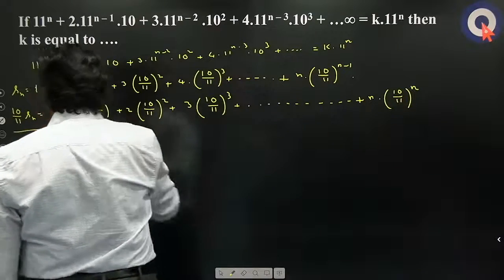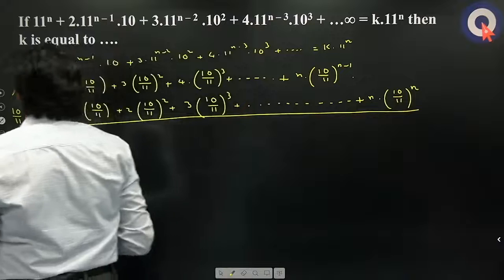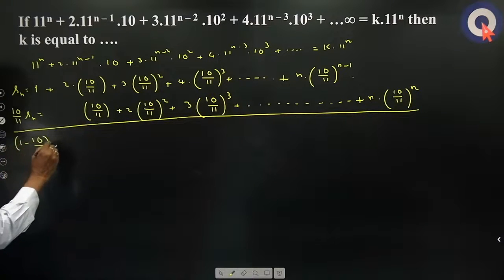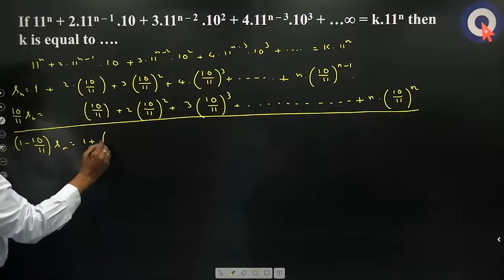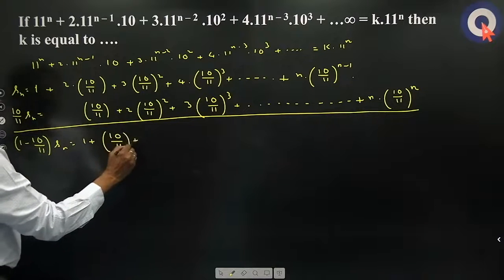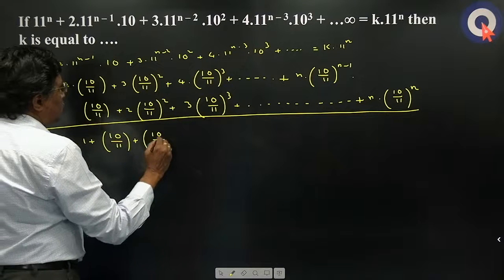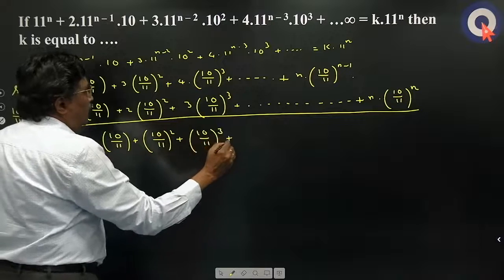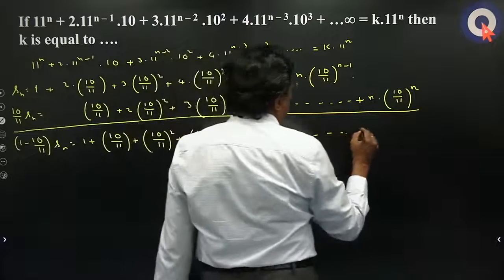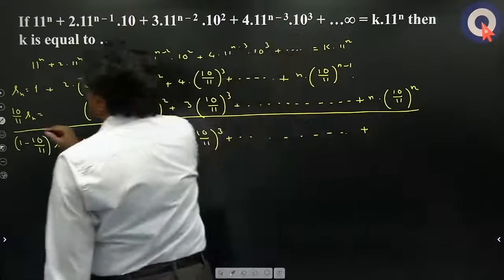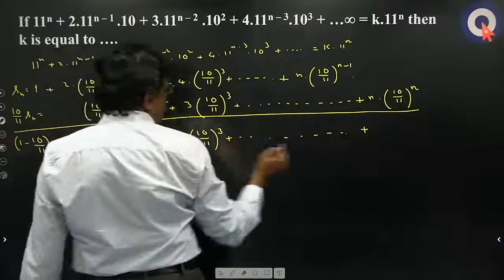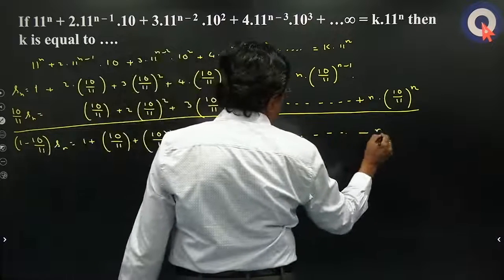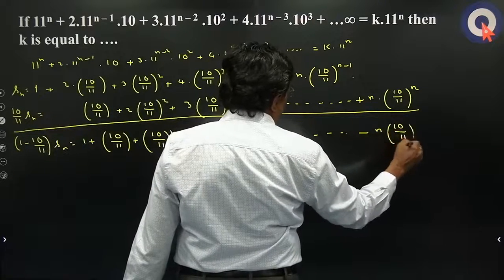So if you subtract, (1 minus 10/11) Sn is equal to 1 plus 10/11 plus (10/11) whole square plus (10/11) whole cube plus so on, minus n into (10/11) whole power n.